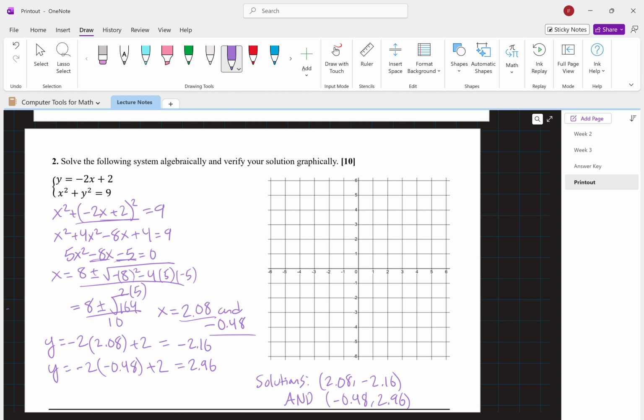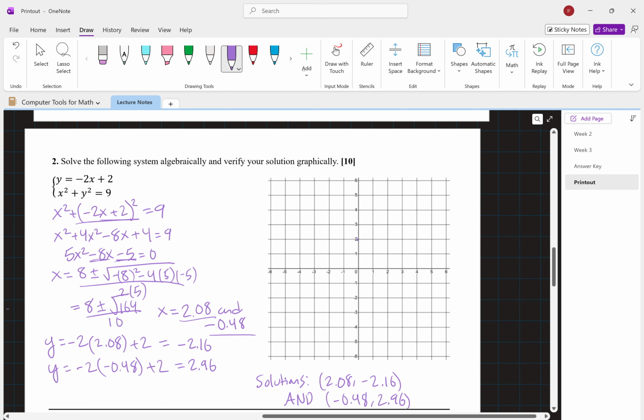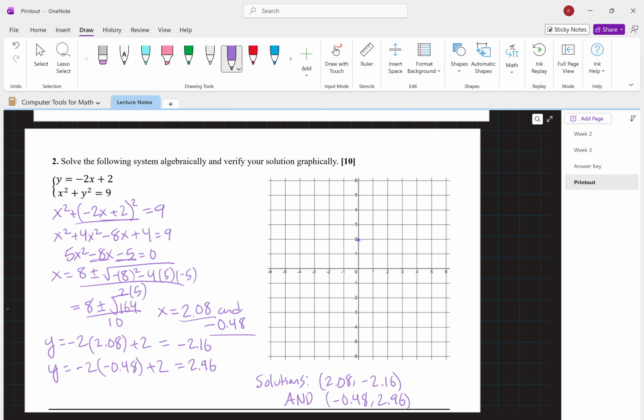So if we plug in values real quick, 0 is going to put us at 2. If we plug in 1, negative 2 times 1 is negative 2 plus 2 will be 0. If we plug in negative 1, we will get 4. So we can see this is a simple linear equation. It's going to continue in that pattern. It has a slope of negative 2, a y-intercept of positive 2.